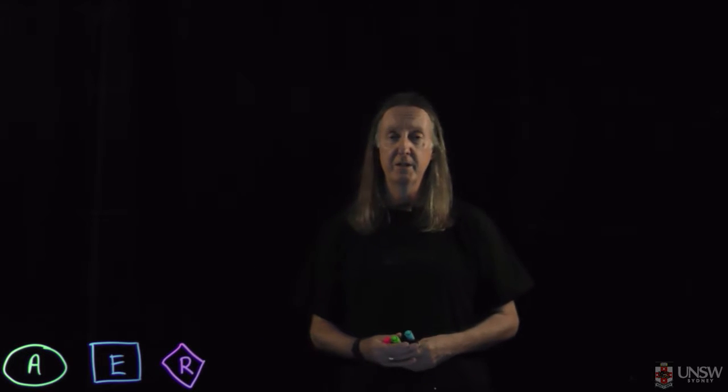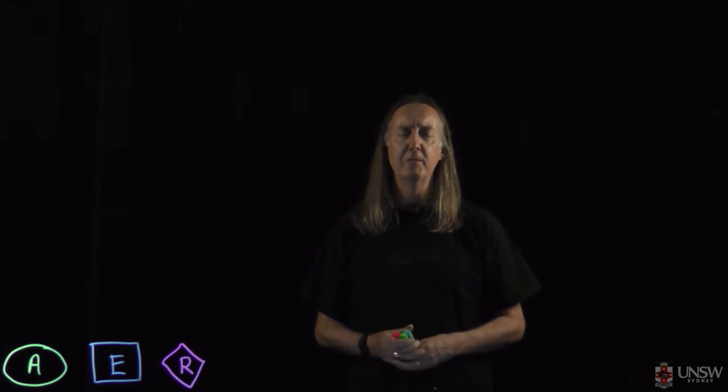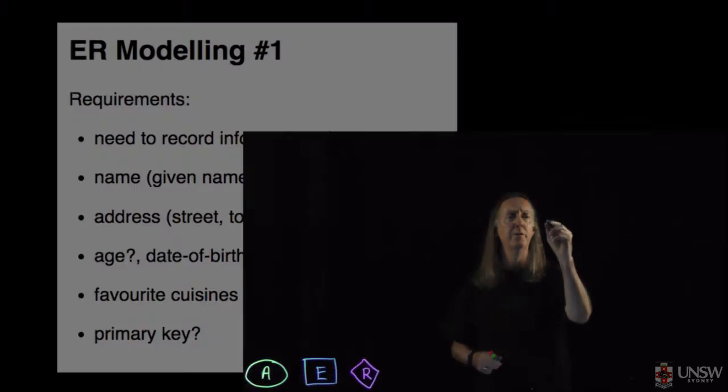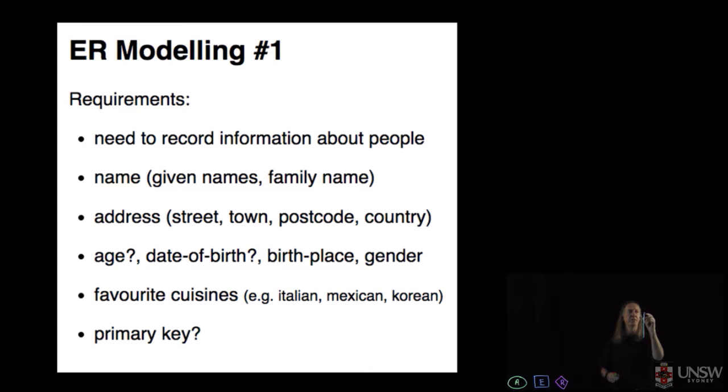So for this video, we want to take a look at a very common scenario where we're dealing with people. So let's start with a person entity, which would be a very common place to start. Okay, so what information do we want to know about person or people?